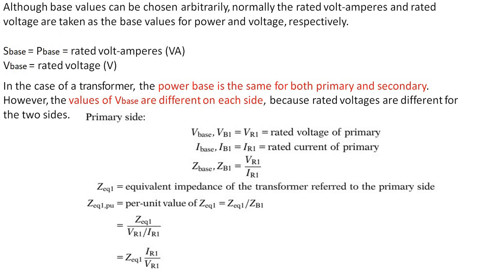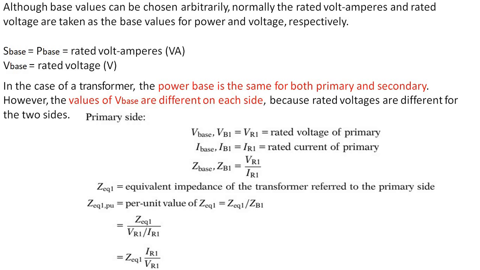Although base values can be chosen arbitrarily, normally the rated volt-amperes and rated voltage are taken as the base values for power and voltage respectively. S base is equal to rated volt-ampere, V base is equal to rated voltage. In the case of a transformer, the power base is the same for both primary and secondary, however the V base values are different on each side because the rated voltage is different on the two sides.